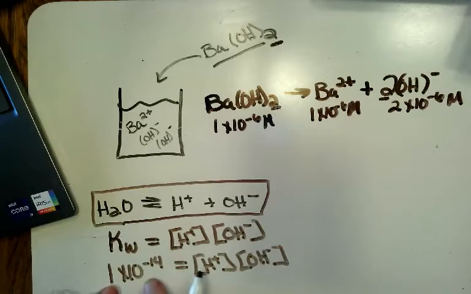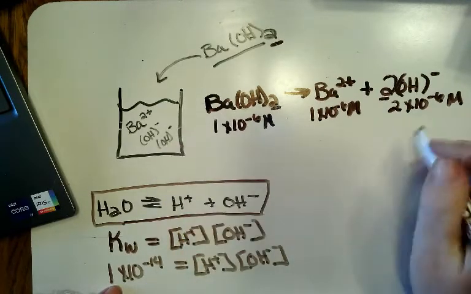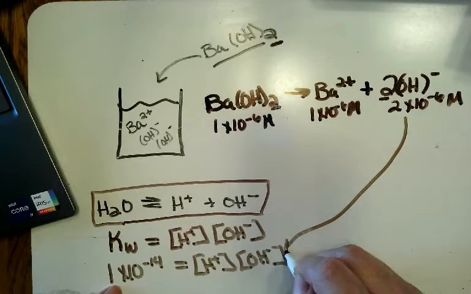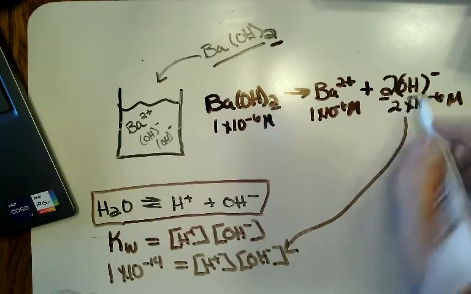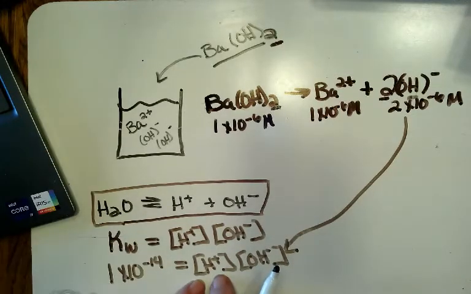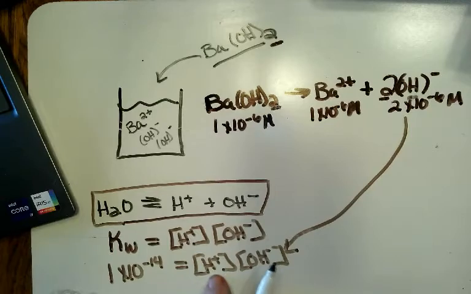So we have a concentration of 2 × 10⁻⁶. We're going to plug that in for our OH, and because it's run in water, I can find how many hydronium ions are in the water. Then we'll use this hydrogen ion concentration, or hydronium ion, you can call it either one, later to decide what the pH is. But that's another lesson.